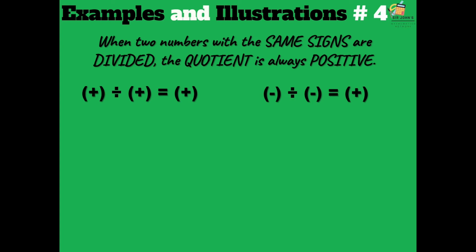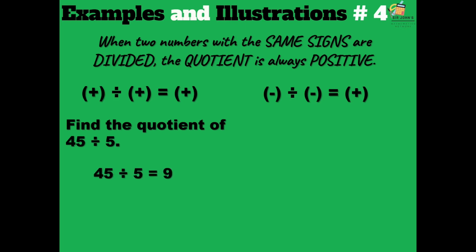Let's say for example, find the quotient of positive 45 divided by positive 5. The solution is positive 45 divided by positive 5, that is equal to positive 9. Another example, find the quotient of negative 51 divided by negative 3.